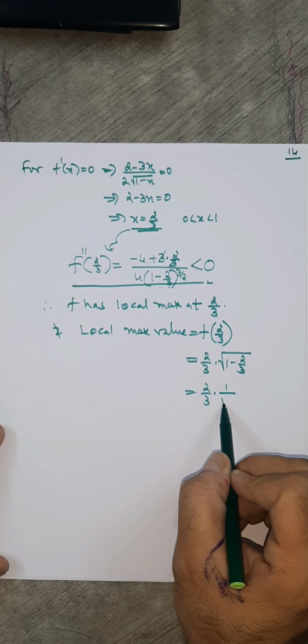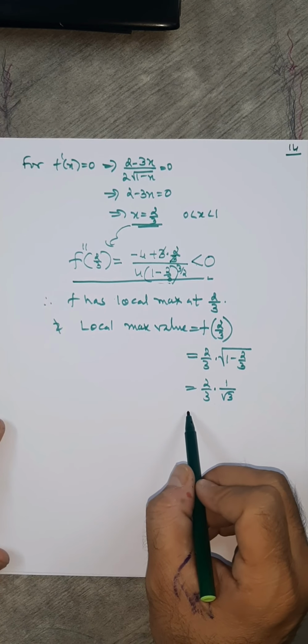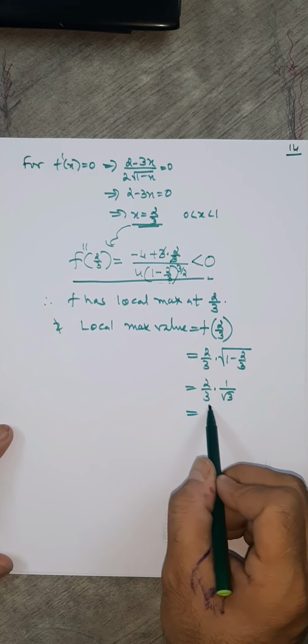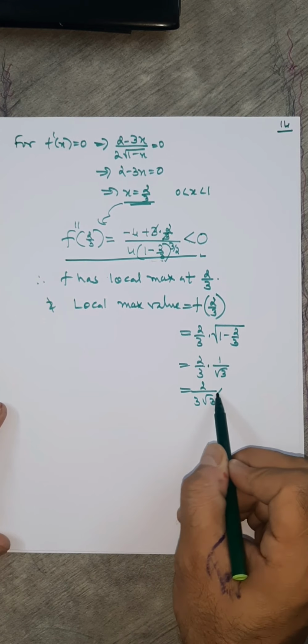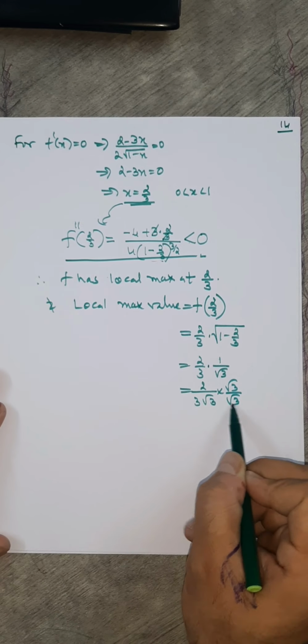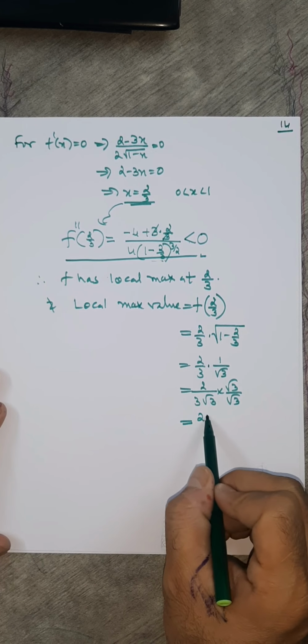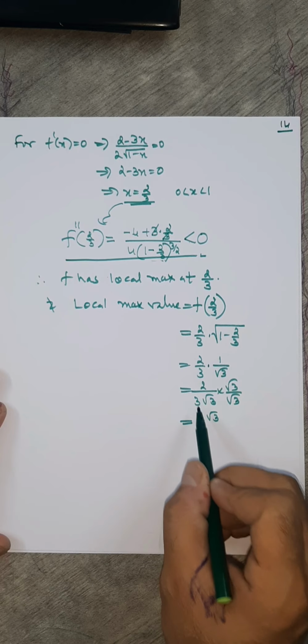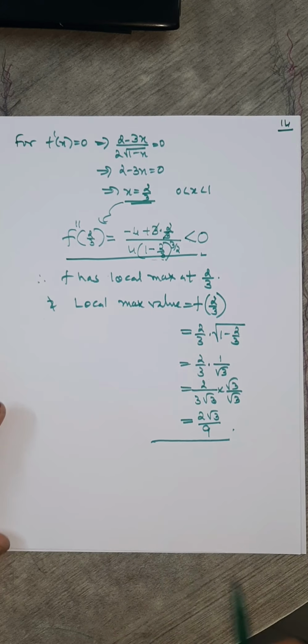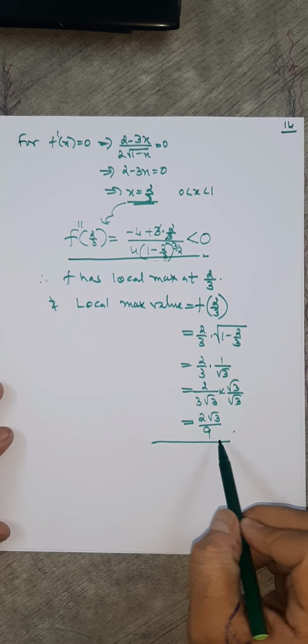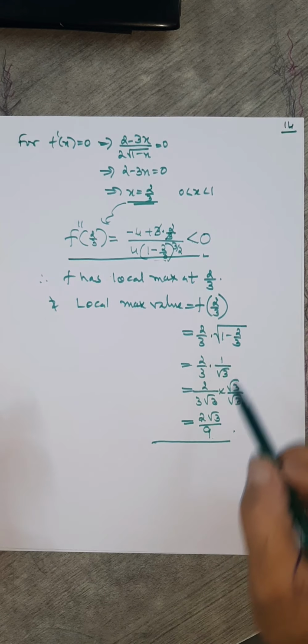This is 1 by root 3. So you have 2 by 3 root 3. If you want to rationalize, you can multiply and divide by root 3 here. So you have 2 root 3 upon 3 into 3, so it will be 9. So this is the local maximum value, 2 root 3 by 9, and it is at 2 by 3.